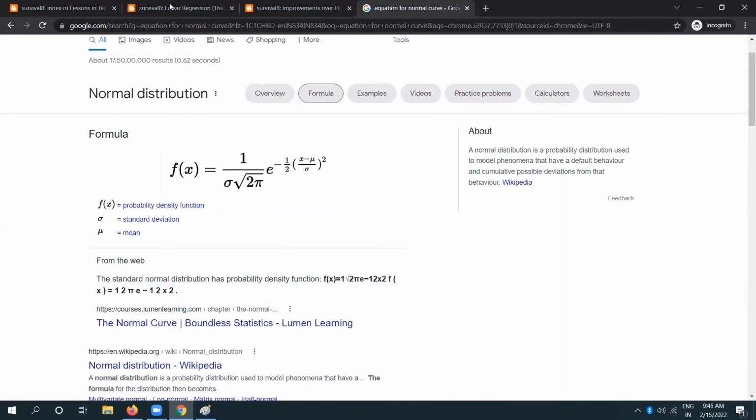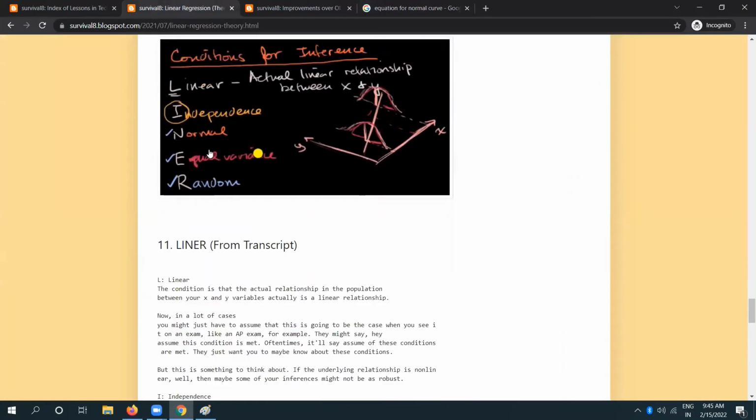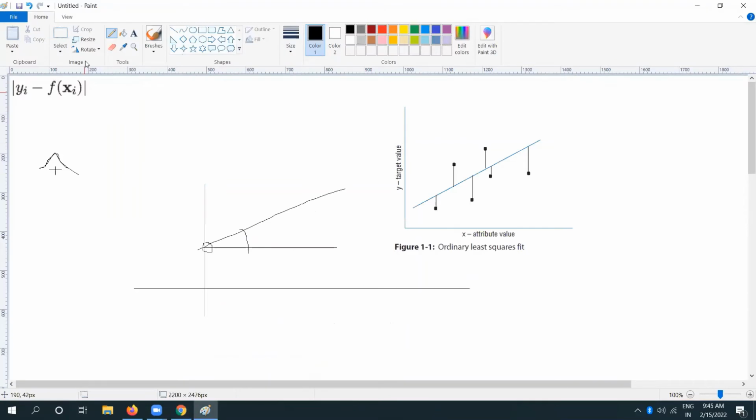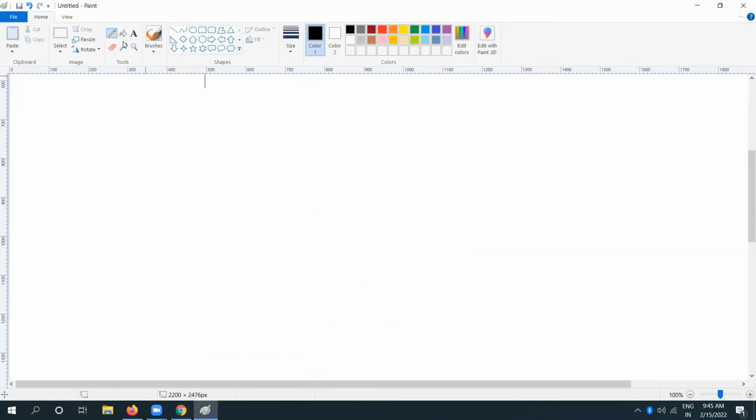It is one of the conditions in linear regression that when you're drawing a line between the data points, the points are distributed normally around it. Let's say you have some points over here.